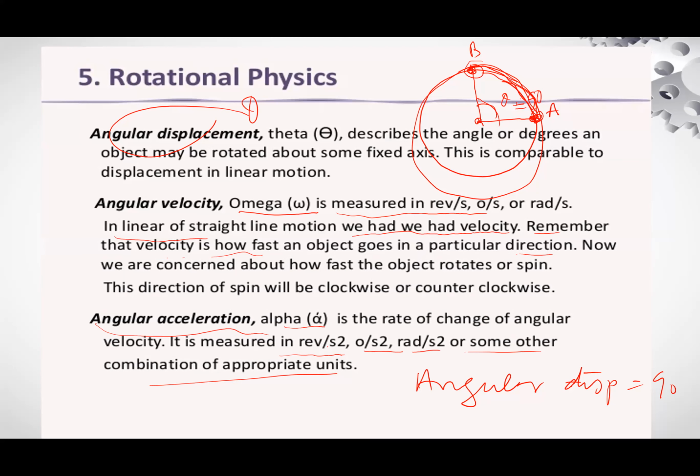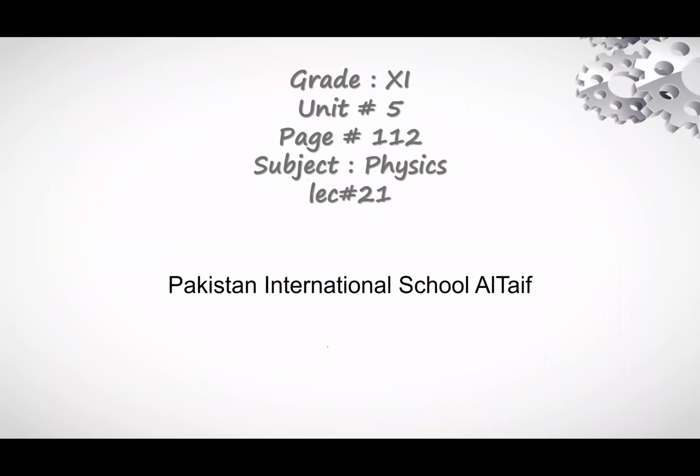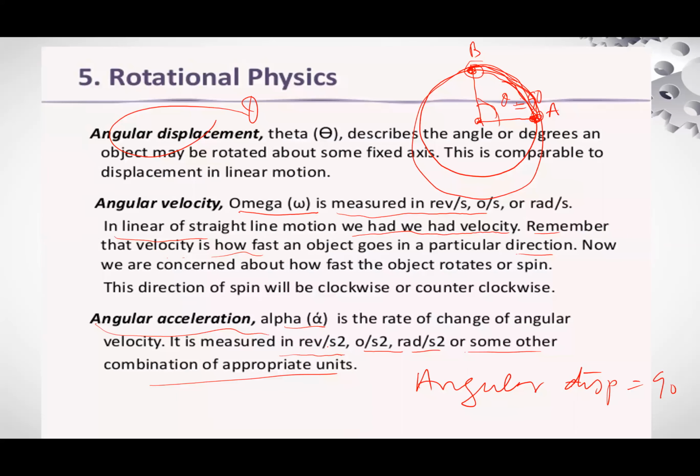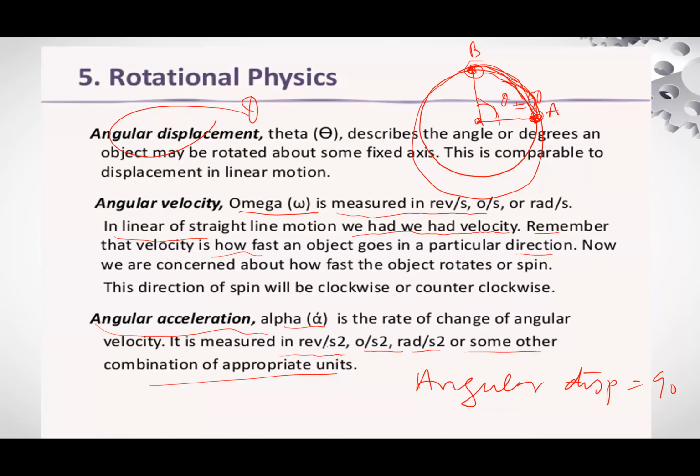By definition, radian is the unit of angular displacement.